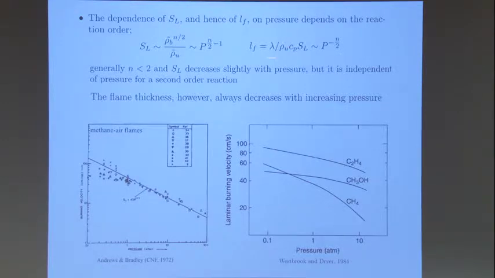And you're going to lose the 1 due to the rho_u, which is also proportional to P. Therefore, the dependence on pressure is always P to the minus n over 2. In other words, as you increase the pressure, the flame thickness always becomes thinner, okay? Independent of n.